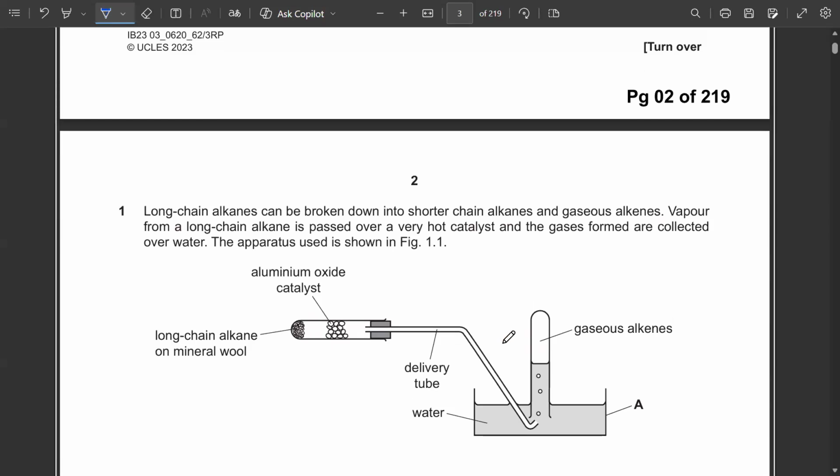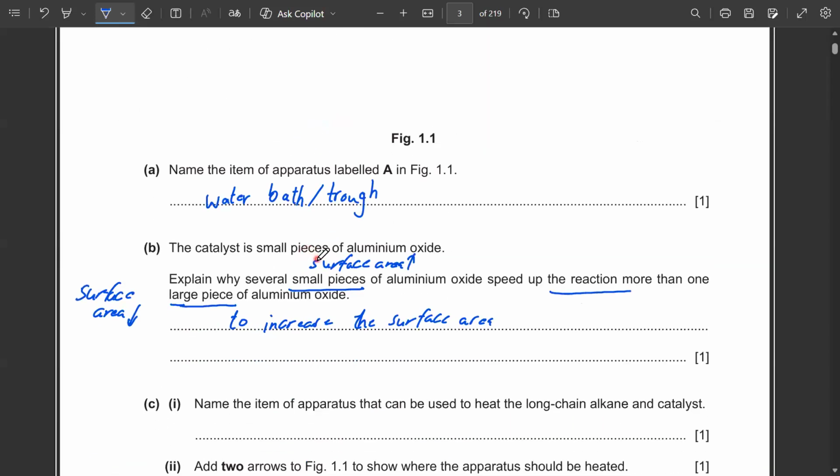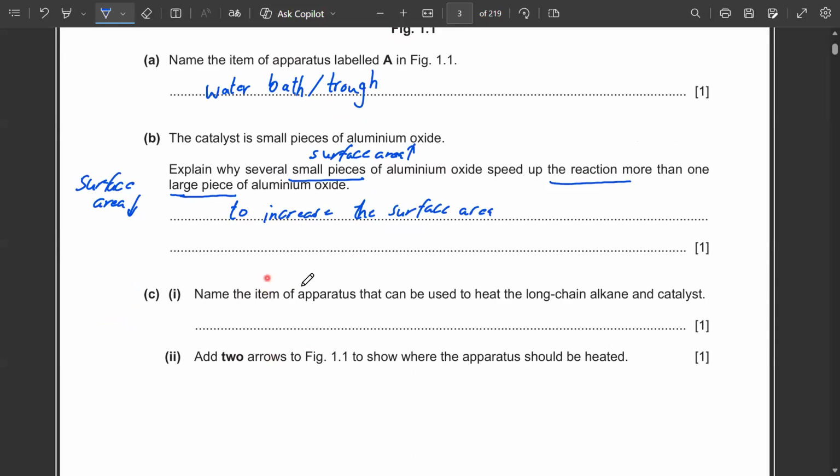Bunsen burner, that is right. Because this is a test tube, to reach the level of the test tube we do need a Bunsen burner. That will be something like this one with a stand, and then it has the flame coming out from the top of it. So that can be used here to provide heat to the alkane. Basically, the alkane is somewhere here, but this whole thing can give the heat. So yes, we will use a Bunsen burner.